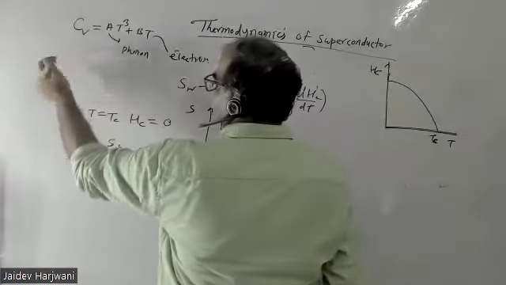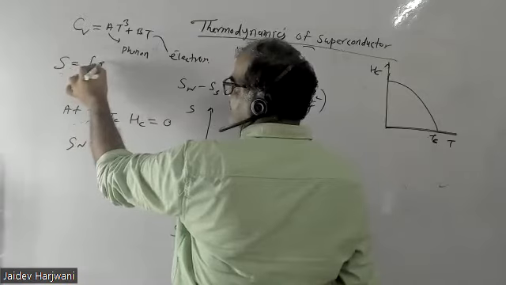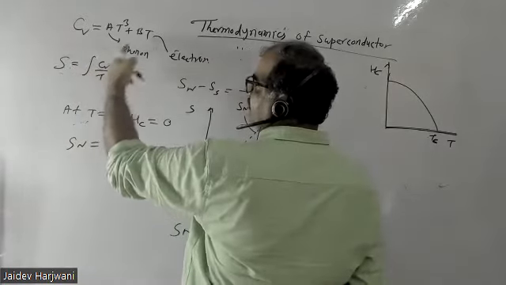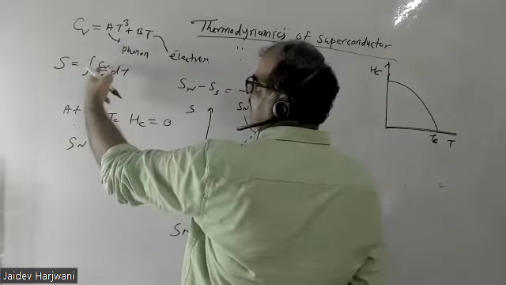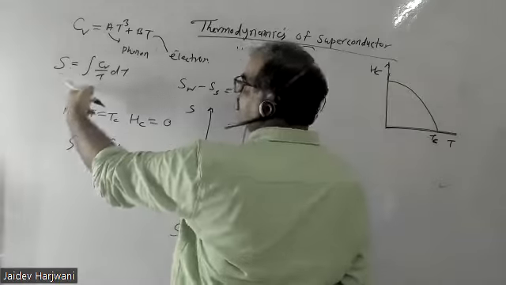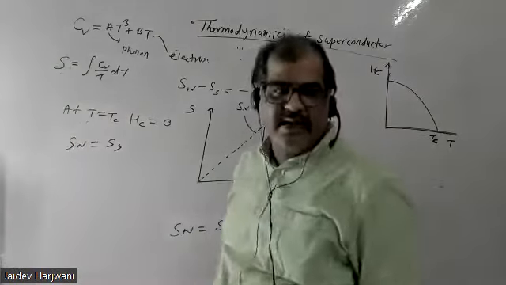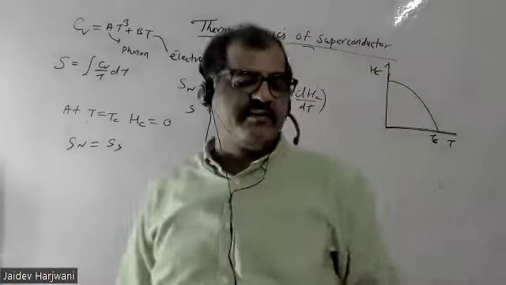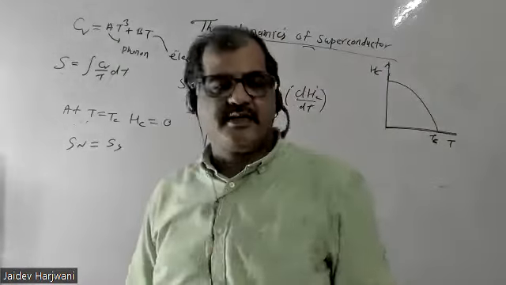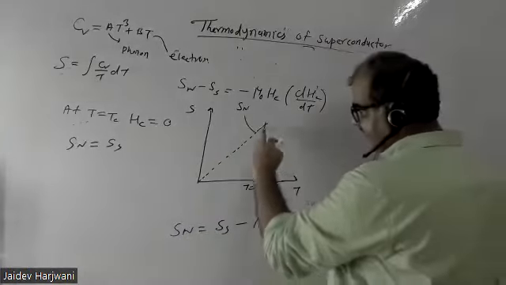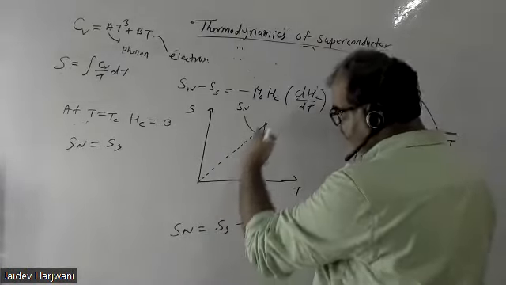Now if you want to calculate S, S is defined by the integral of CV/T dT. If CV equals BT, T and T cancel and it becomes simply B, and once you integrate again you get the same linear dependence. Since your specific heat is linear, your entropy also is linear.